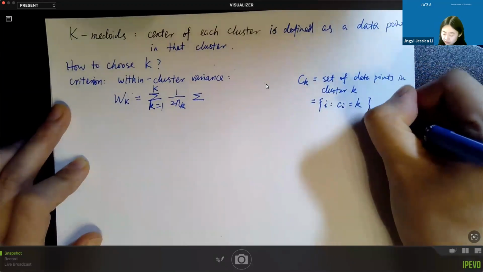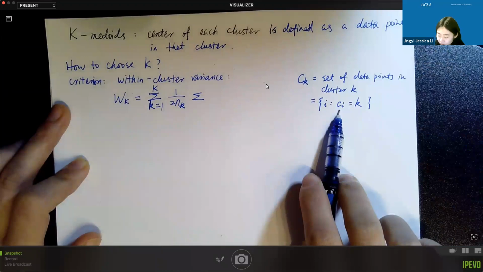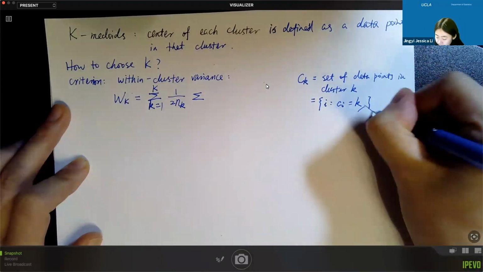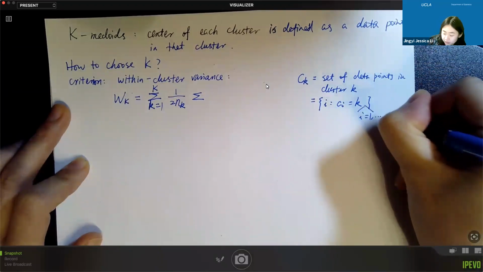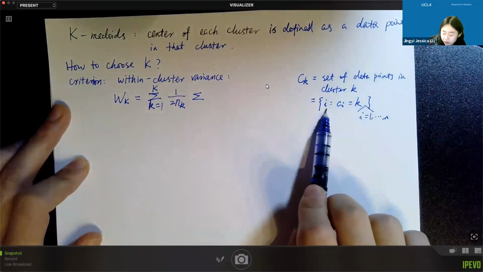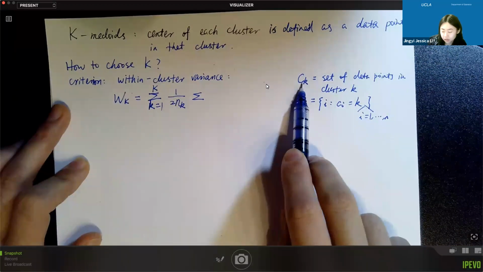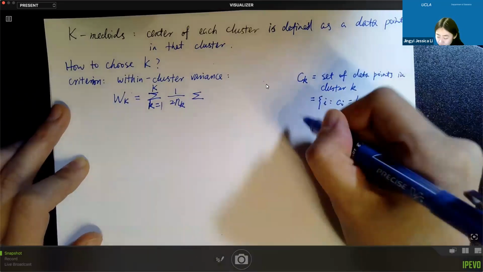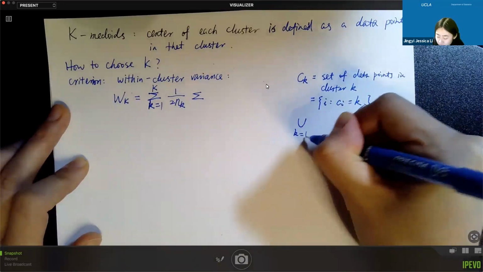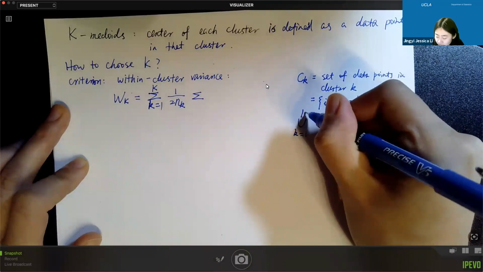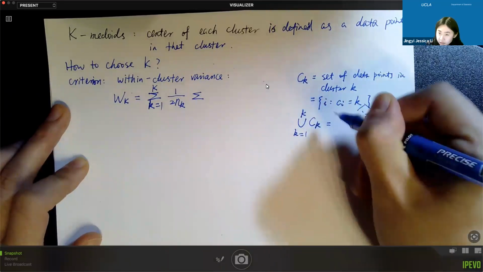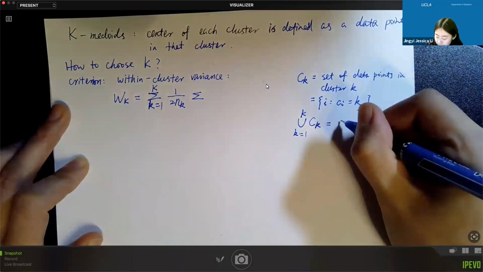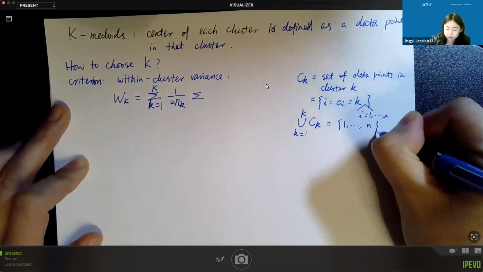We use that as an assignment, right, for i from 1 to n. Here we are just using the uppercase C for sets. So this is the set of cluster K. And if we take the union over all the CKs, this will give us all the data points, so the union will be just 1 to n.